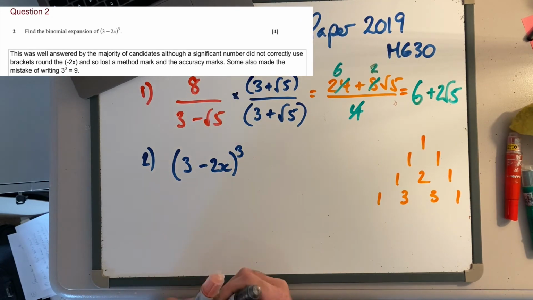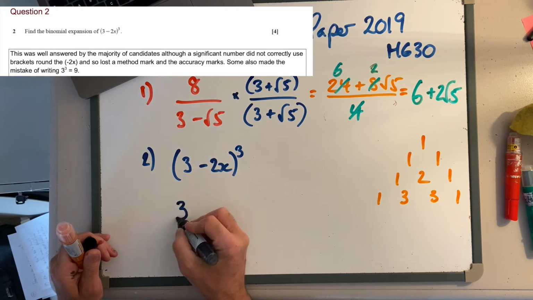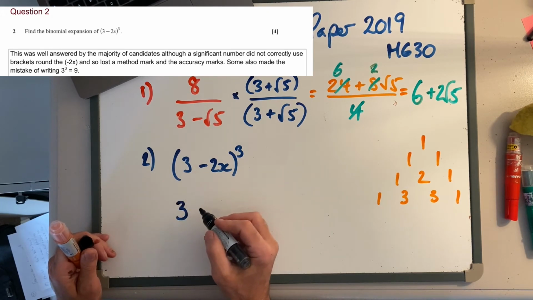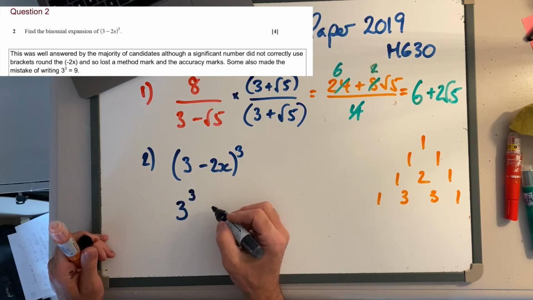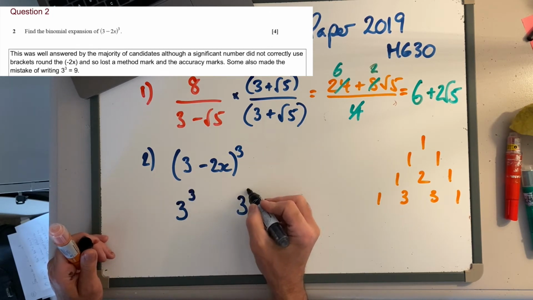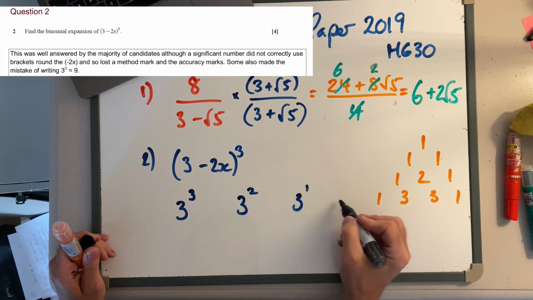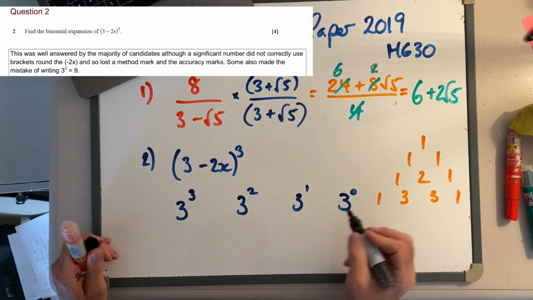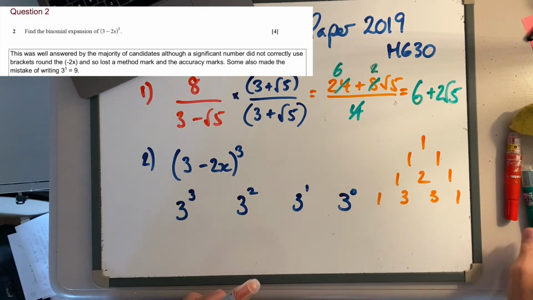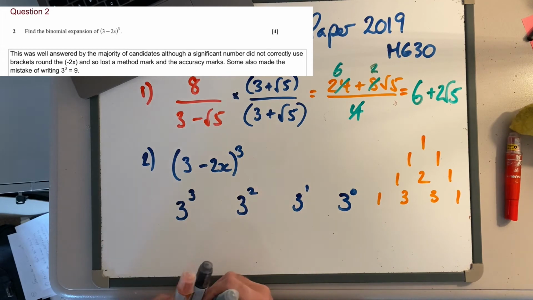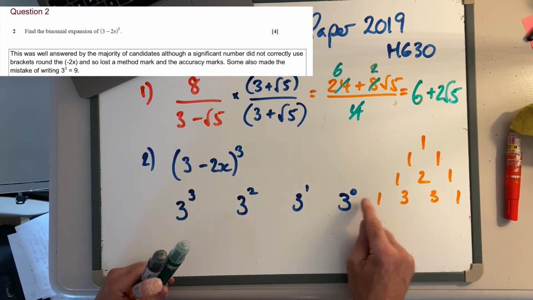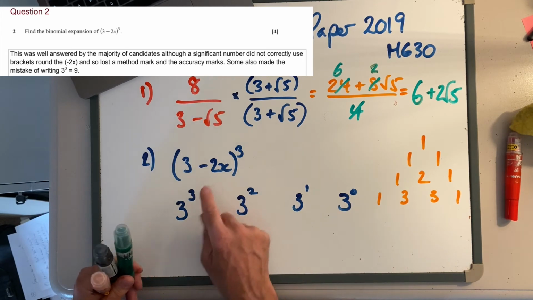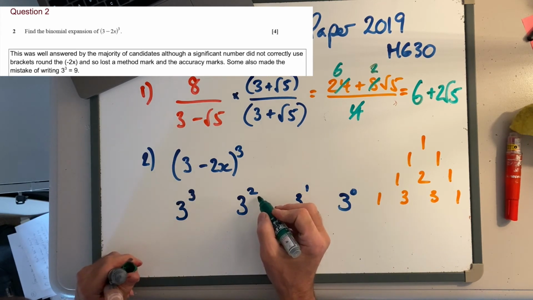So how I do this, take that first one, 3, and that is going to be 3 to the power of 3. And then that power drops down like this. And then that 2, that grows up. So obviously that becomes a 1, and this one starts its life here.